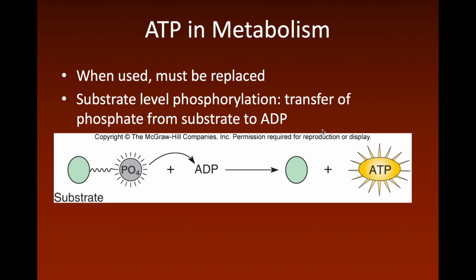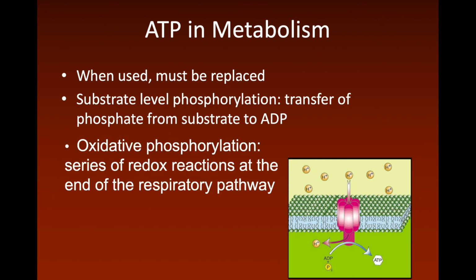A much more efficient process is something called oxidative phosphorylation, and this is through aerobic respiration or anaerobic respiration, where there is complete oxidation of that initial starting compound. Again, glucose is the most common starting compound for this process.